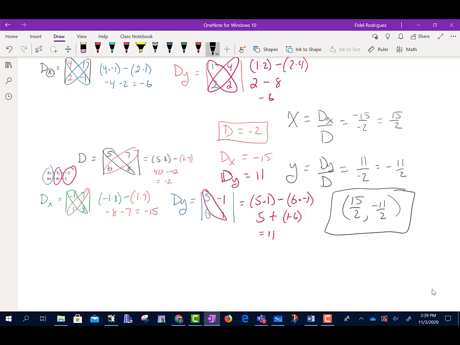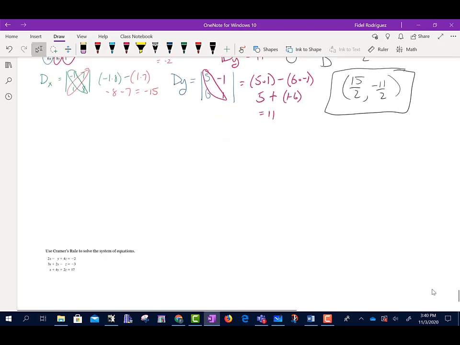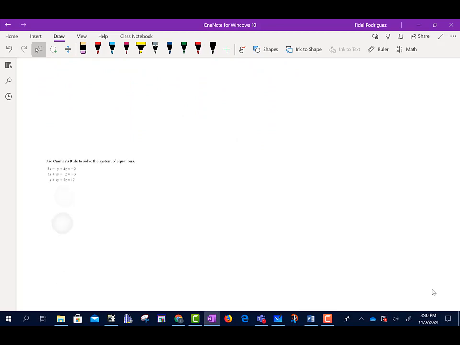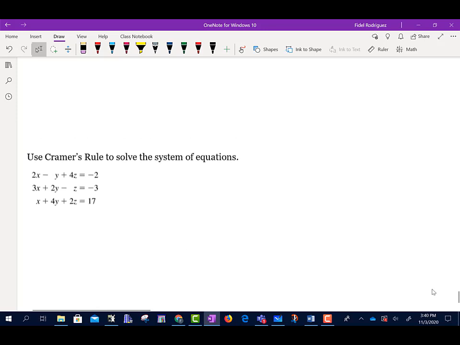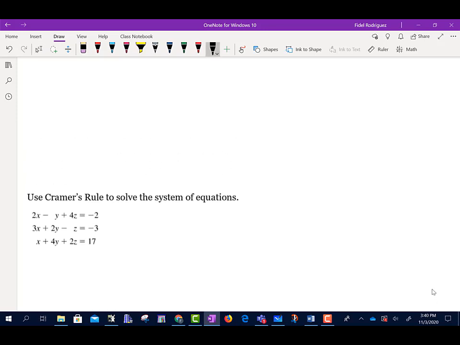I did find answers that happen to be fractions, and sometimes that's just what we get, okay? So, we're only going to do one that has 3 variables with Cramer's rule because this is pretty time consuming, okay? So before I go on, I want to kind of illustrate a couple of things.